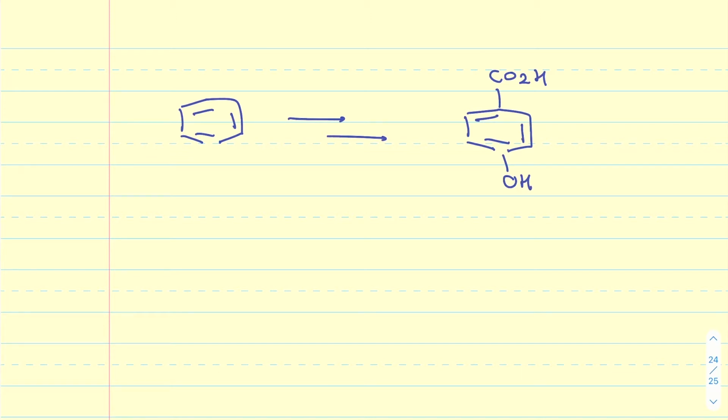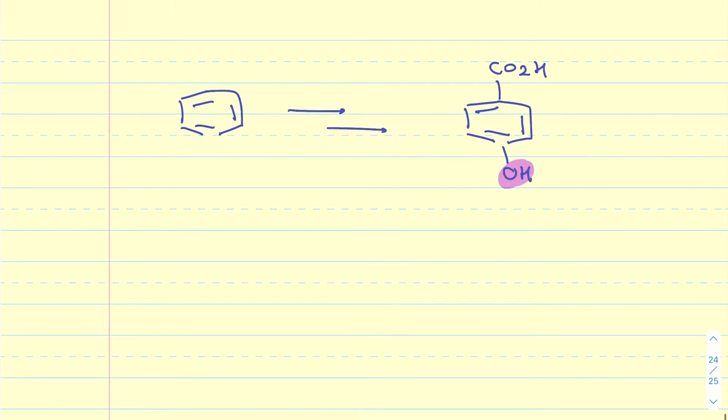The first thing that attracts my attention is that we have an OH group on here, and the only way that we have learned to put an OH group on an aromatic ring is to create a diazonium and react that diazonium with water and heat to give us that OH, that phenol.